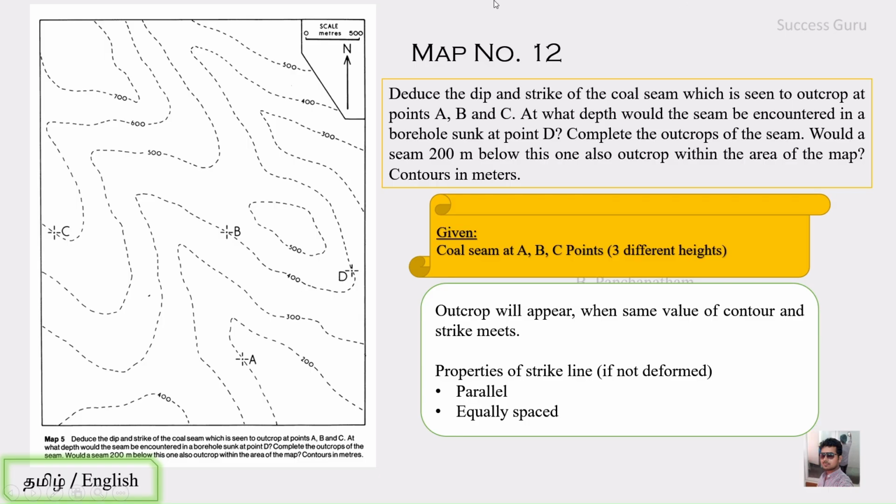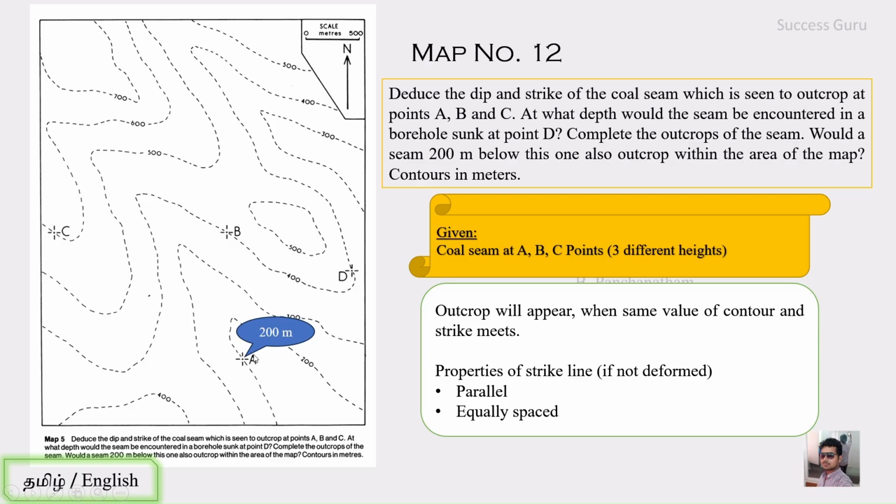In the question no deformation is given, so we take it as undeformed strata. So the strikes will be parallel to each other and equally spaced. From this we can deduce that at this point, the strike of this particular coal seam will have a value of 200 meters.